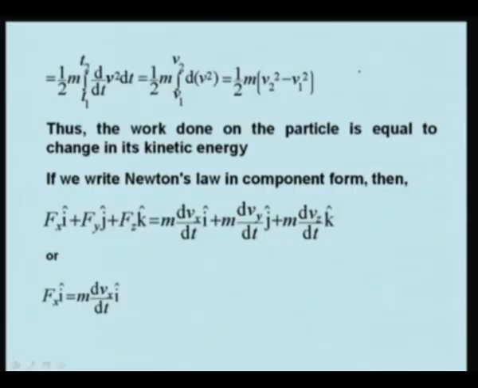Therefore, this essentially has come from Newton's second law. Instead of Newton's second law, one can use this theorem that work done on the particle is equal to the change in its kinetic energy.